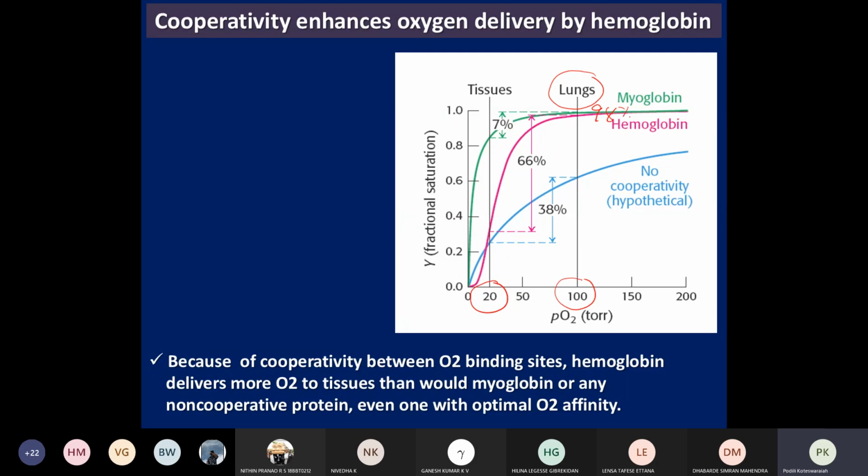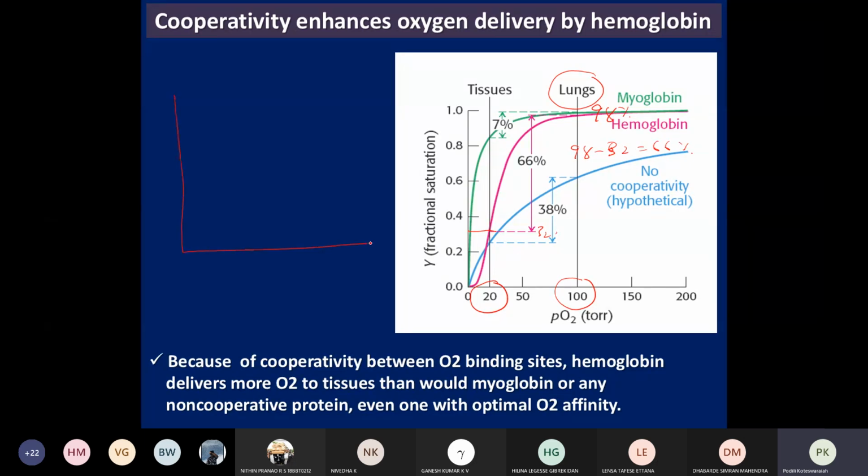That means its saturation level is 98%. And when hemoglobin moves to the tissues, where the partial pressure of oxygen is 20 torr, hemoglobin saturation drops to 32%. Therefore 98 minus 32 is equal to 66%.